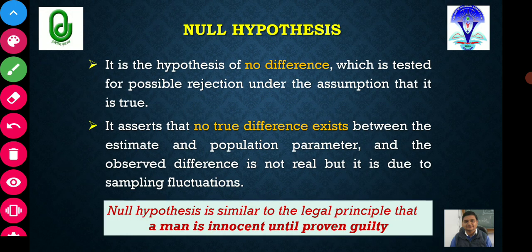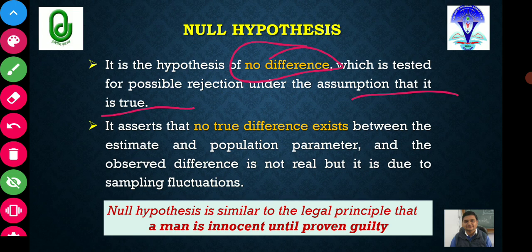So let us see it in detail. First is the null hypothesis. It is the hypothesis of no difference, which is tested for possible rejection under the assumption that it is true. Suppose you have drawn a sample from a population, and your null hypothesis is that there is no difference between the mean of the sample and the mean of the population.